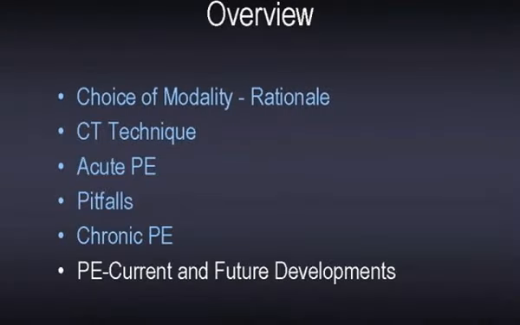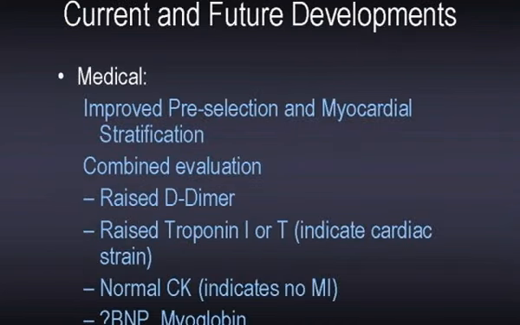Okay, so in the final portion of this talk, I'd like to talk to you about a few current and future developments in the evaluation of pulmonary thromboembolism. Well, from a medical perspective, we're moving towards improved pre-selection of patients who will be presenting for evaluation with imaging modalities.